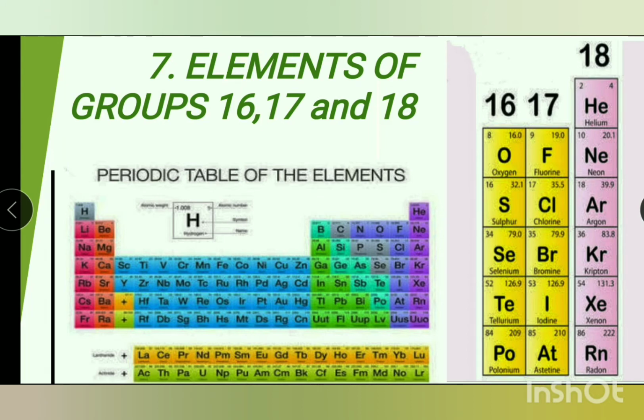Why are these elements called P block elements? Because the last electron or valence electron in these elements enters the P subshell or P orbital. That's why these elements are placed in the P block.